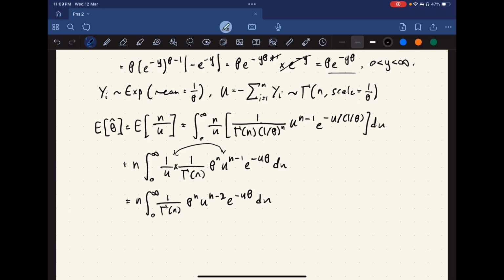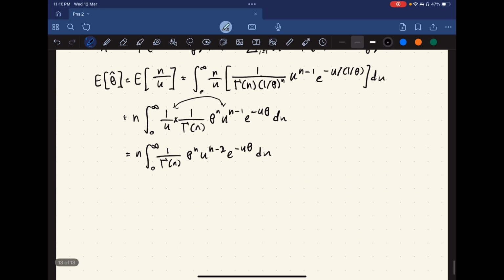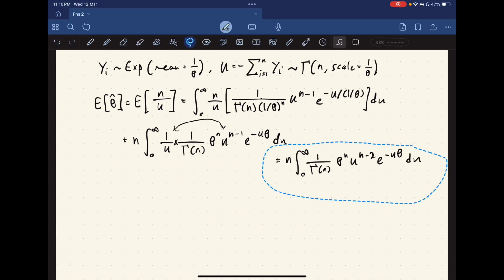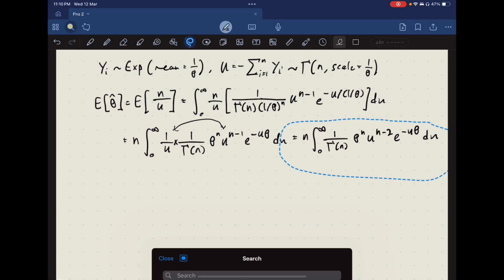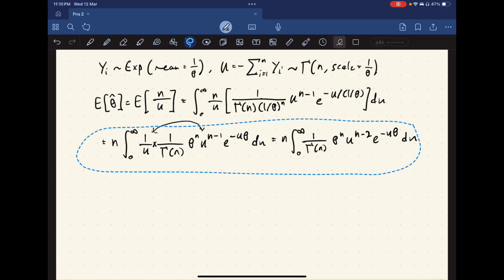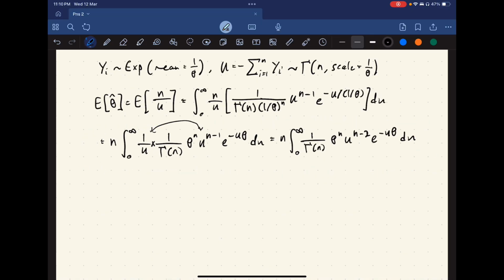Now the integral has become a bit more complicated, in the sense that we don't really have an easy way to solve this integral directly. So what we can do is apply a nice trick to this integral in order to solve it and find the expectation.